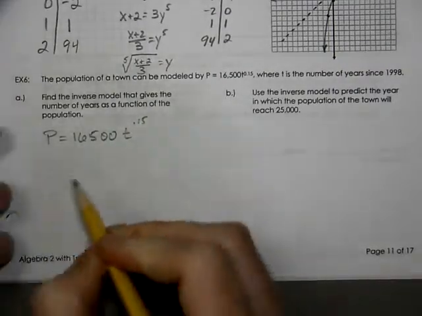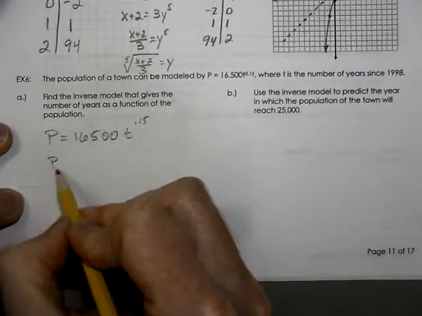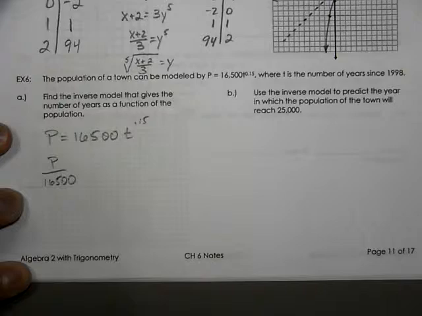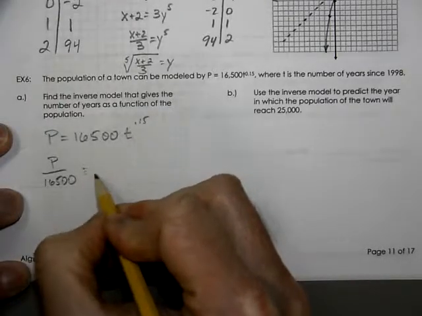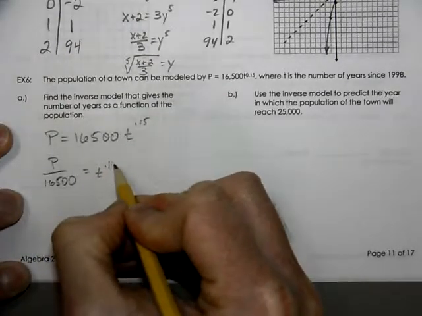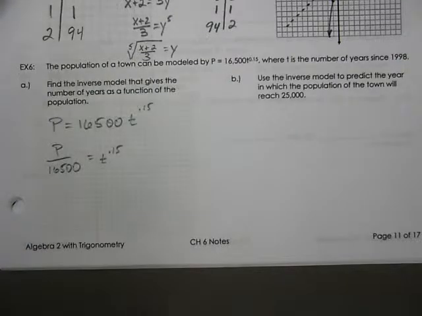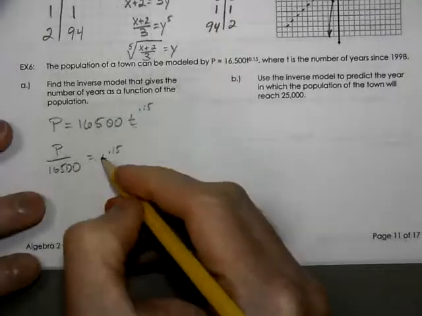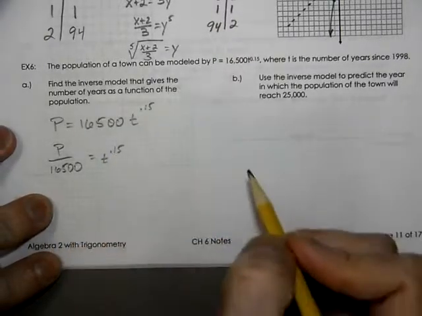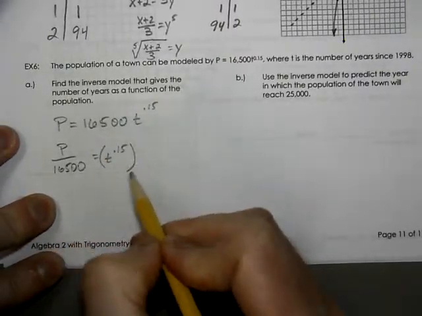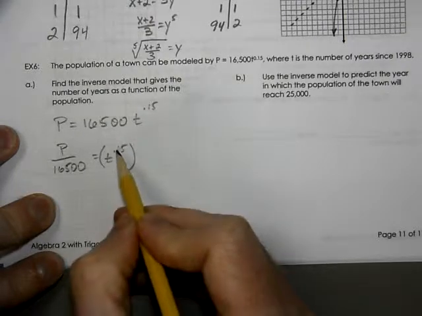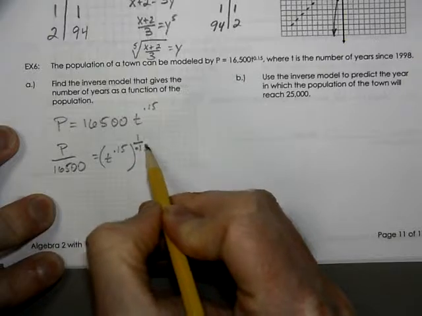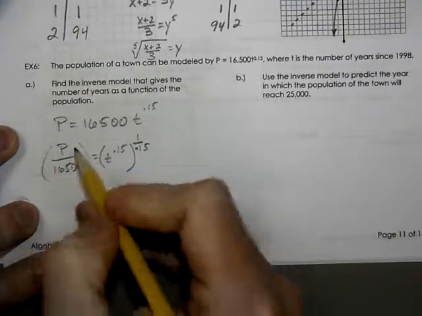So to solve for T, we divide by 6,500. On this side we still have T to the 0.15. One way to get rid of 0.15 is to raise it to a power of its inverse, its reciprocal. So now we can say 1 over 0.15 and do that to this side also.